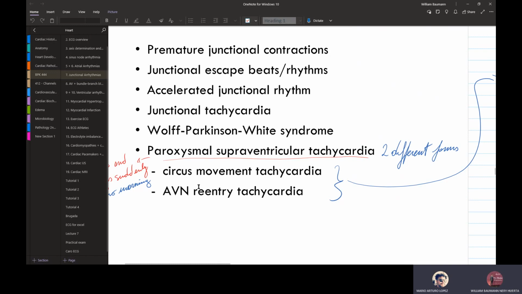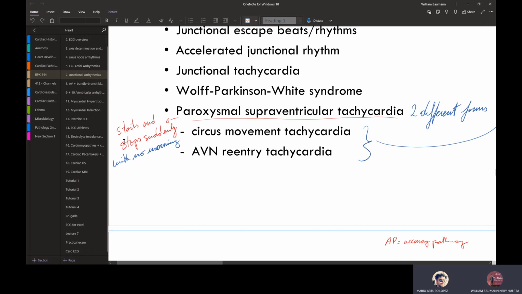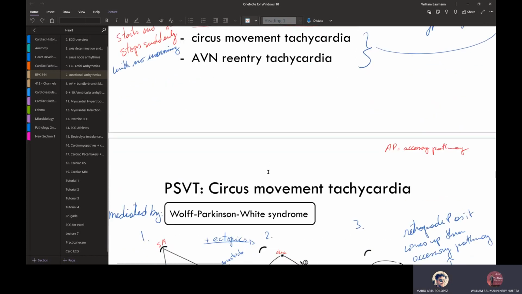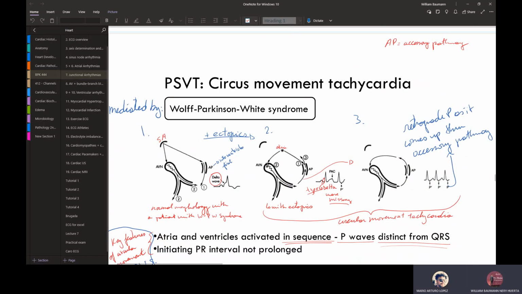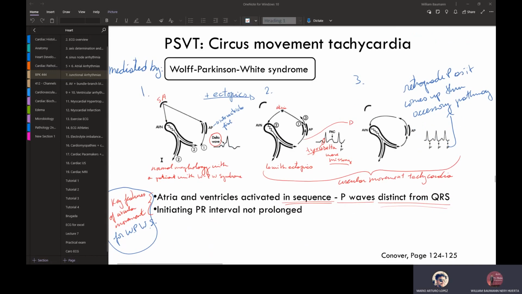And the last one is just paroxysmal supraventricular tachycardia. It starts and stops suddenly with no warning. So that's what it pretty much means. So circus movement tachycardia. Again, it can be Wolff-Parkinson-White syndrome.